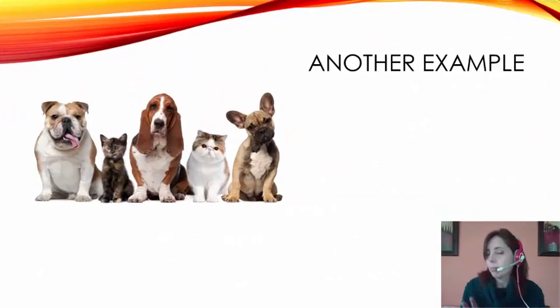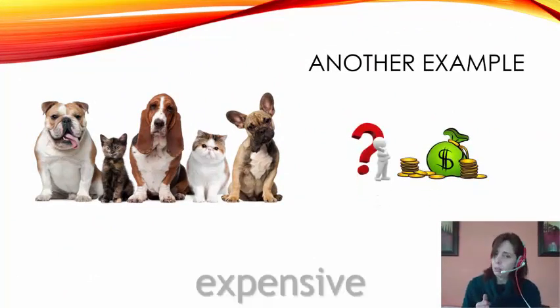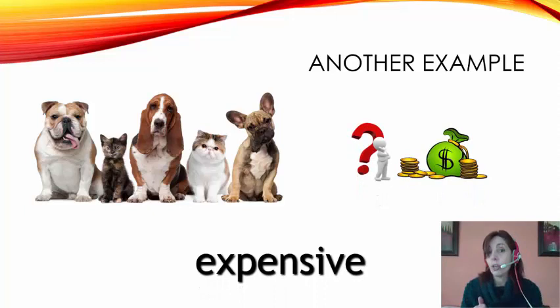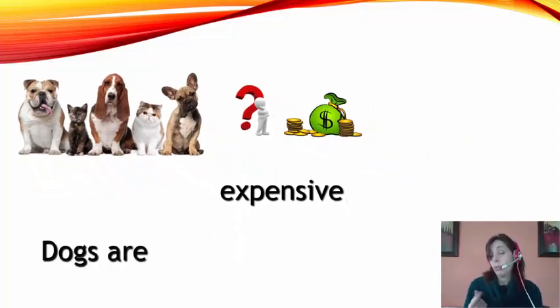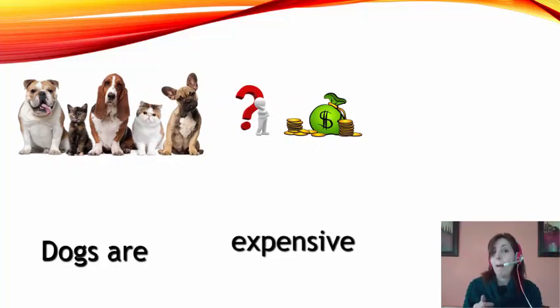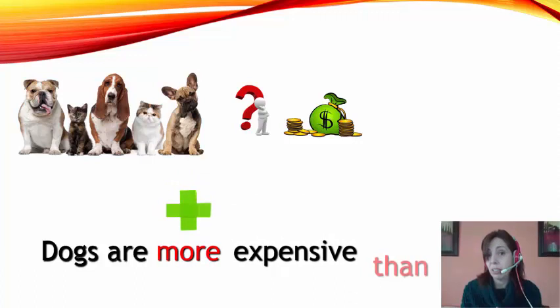Another example. We keep on going with cats and dogs. It's expensive to have a cat or a dog. But dogs are more expensive than cats. They eat a lot. They are big.